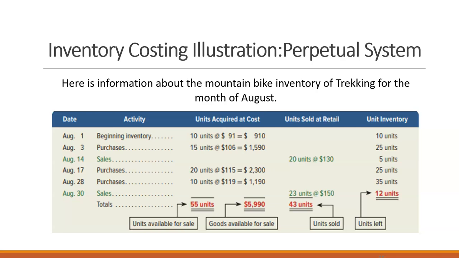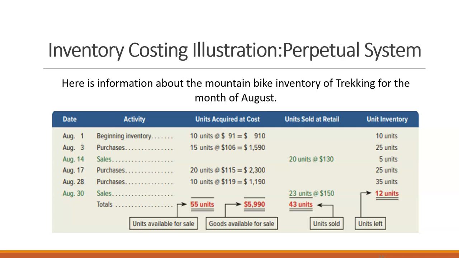Then we sold 20 of those bikes at $130, leaving us 5 units. We then purchased 20 more bikes, taking us up to 25 units, purchased another 10 additional bikes, taking us up to 35 total units, and then sold 23 bikes, taking us down to 12 units left.